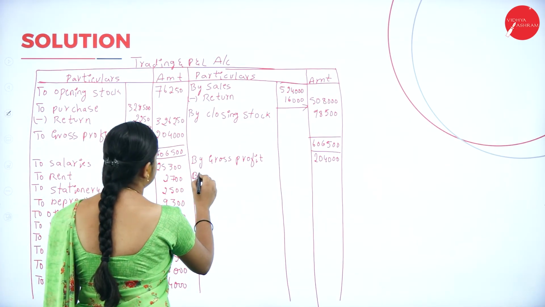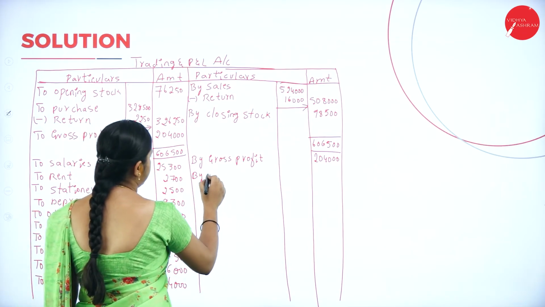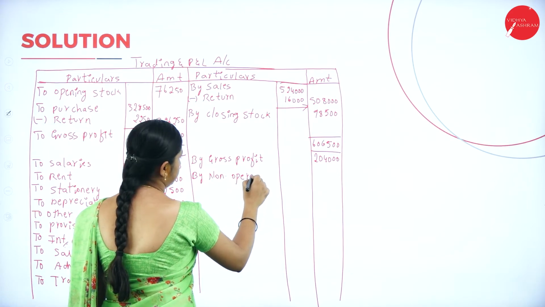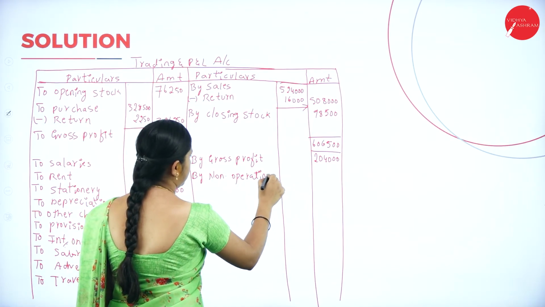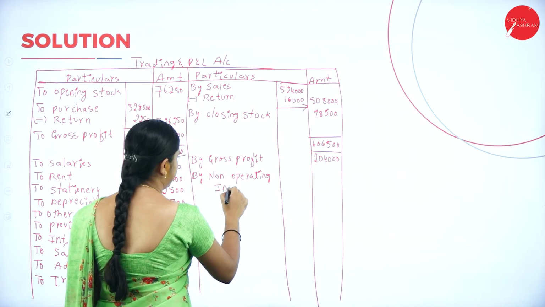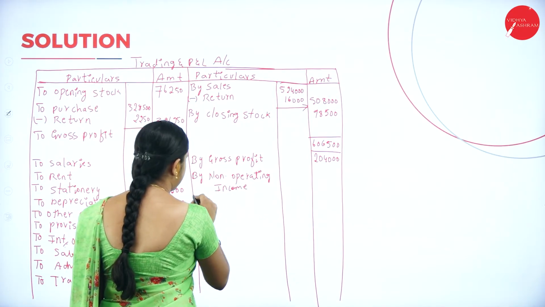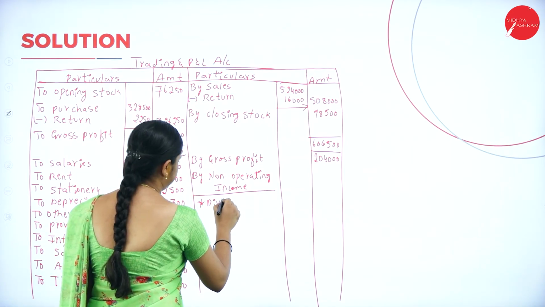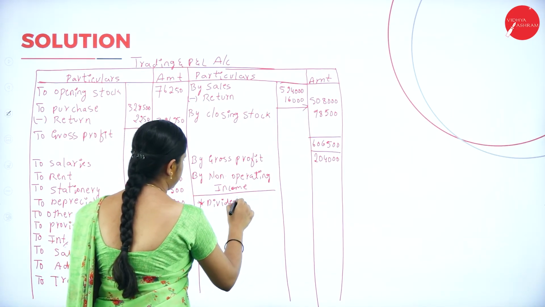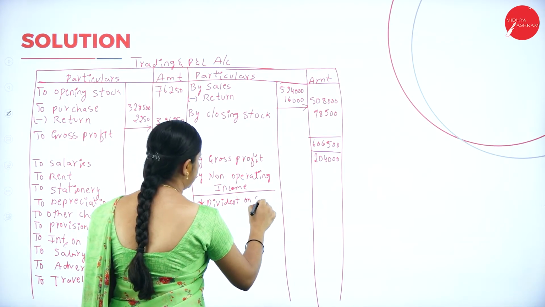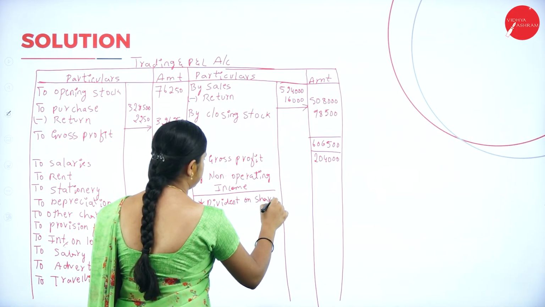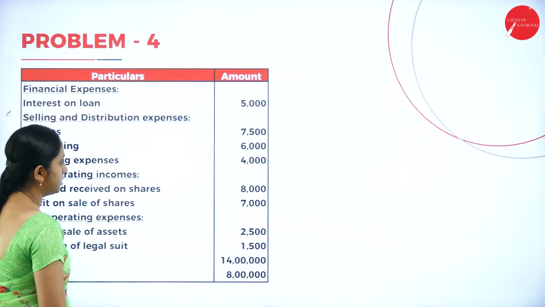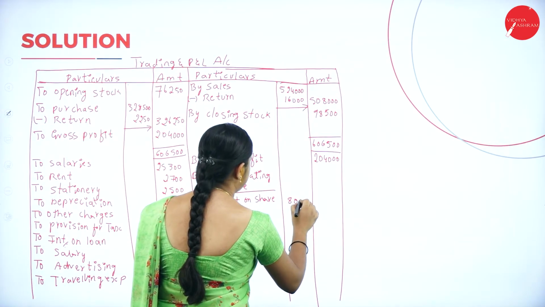By non-operating income, under that first, dividend received on shares 8,000.